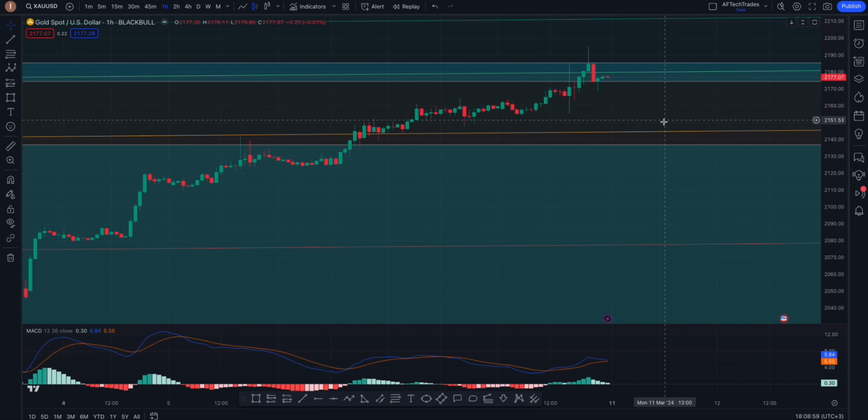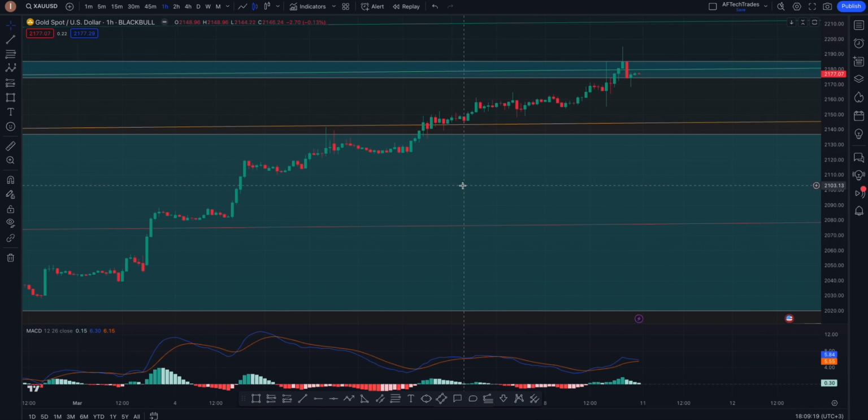Once I get that, the first target from this rule is this region, 2144, 2145, and then gradually until it breaks each zone. The next major zone is this 2136. I fit this from the daily time frame.